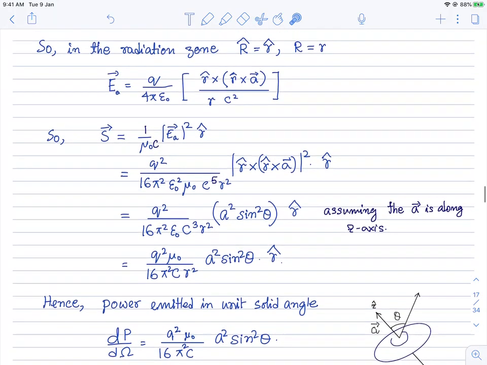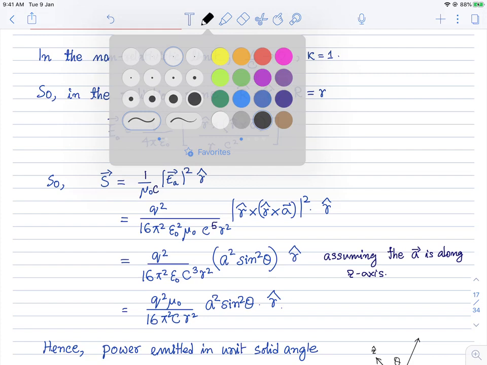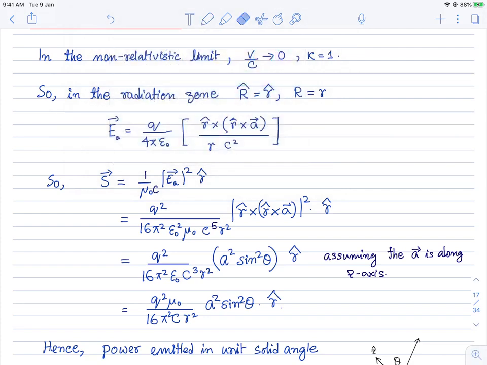You have to be slightly careful here, because this electric field was the electric field at time t. Let me just emphasize this point once. This acceleration field was at time t, and everything inside was retarded, so eventually you had to solve this factor f of t tilde equal to t and plug it in here. So the acceleration is the retarded acceleration.